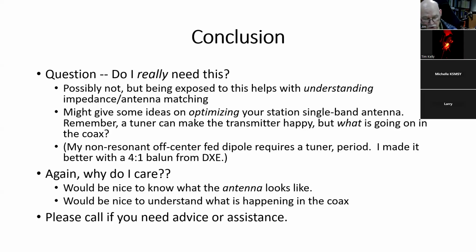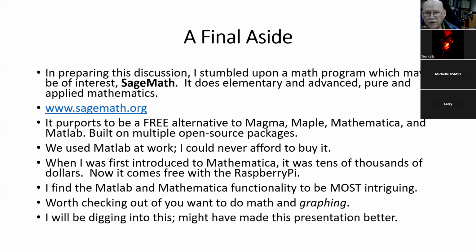When you measure at the end of the feed line, you're seeing the system, and that's nice to know. But it would be nice to know what's going on at the antenna, and then you can start developing an understanding of what's going on in the coax. So that's the point of this. I hope this is of value and not a waste of your time.